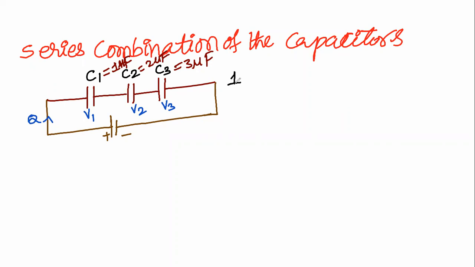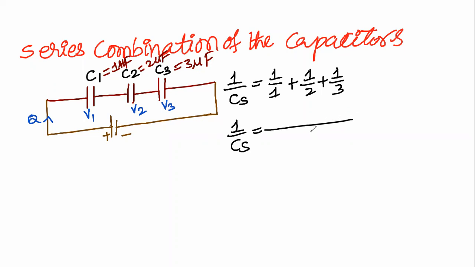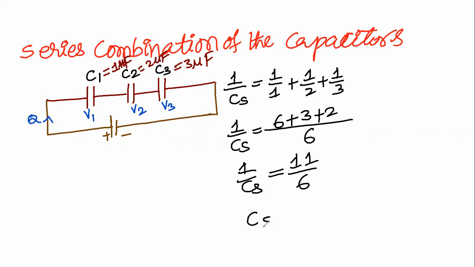Then the effective capacitance: 1 by CS is equal to 1 by 1 plus 1 by 2 plus 1 by 3. Taking 6 as LCM, 6 plus 3 plus 2, 1 by CS is equal to 11 divided by 6. Therefore, CS is equal to 6 divided by 11, approximately 0.54.